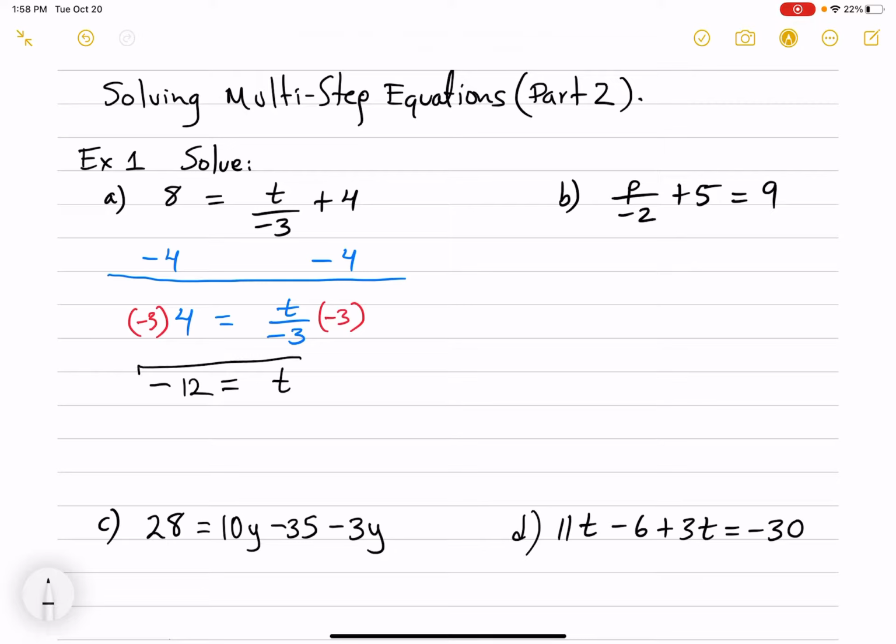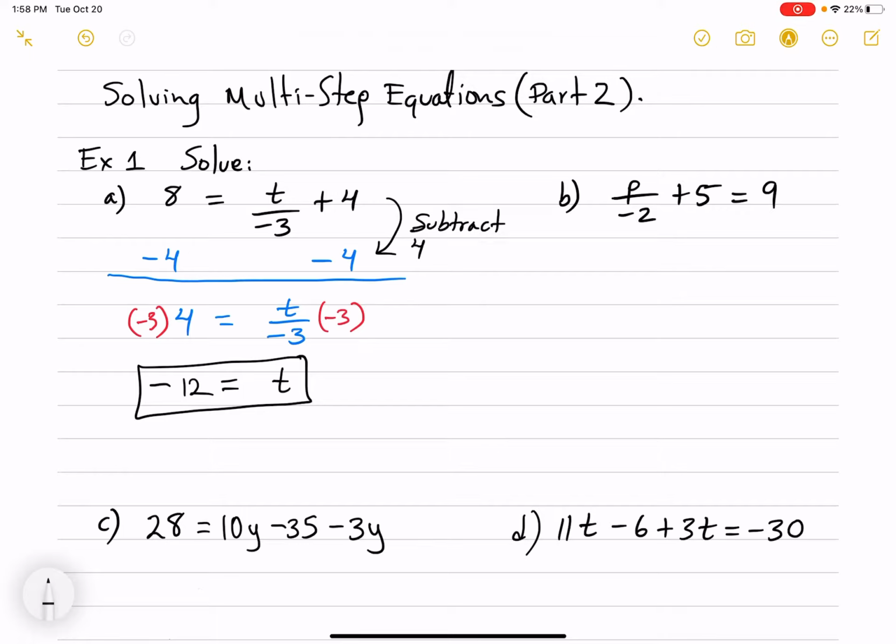So here's our answer. Please remember, if you want to check the answer, you could substitute that 12 back, and then show that the left side is equal to the right side. You could also do it mentally. The justification of these steps: the first step was to subtract 4 from both sides.